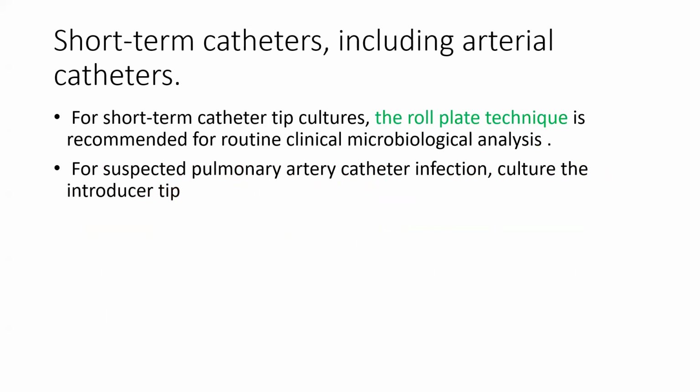Now, short-term catheters including arterial catheters. For short-term catheter tip culture, the roll plate technique is recommended for routine clinical microbiological analysis. For suspected pulmonary artery catheter infection, culture the introducer.